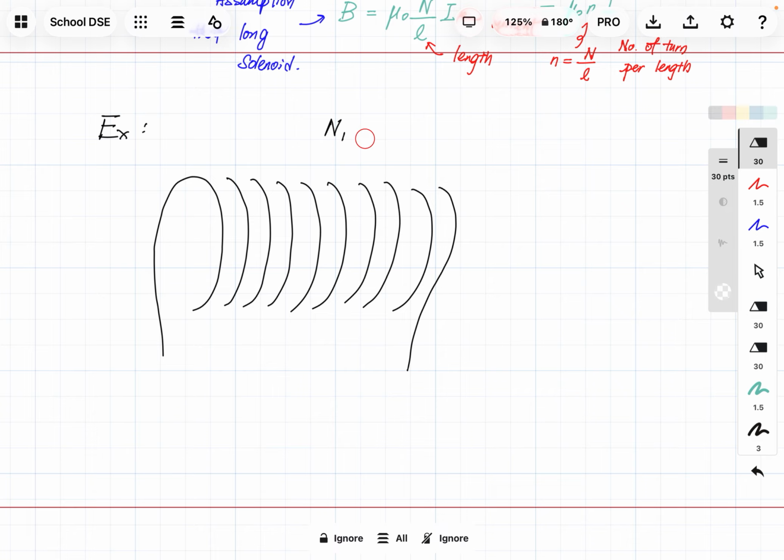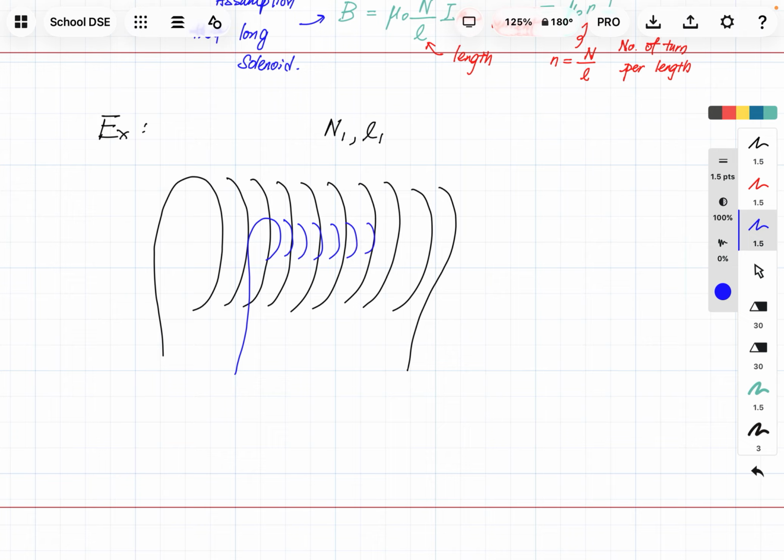This is inside. But this solenoid does not have any current. So maybe I don't even need to draw this part. Like this. So you got another solenoid.